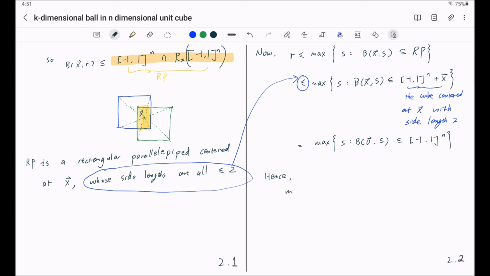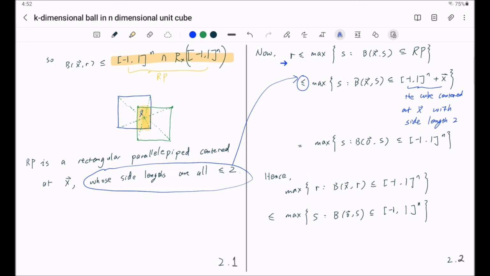Hence, we have the max of r such that B(x,r) is contained in this cube is less than or equal to the max of s such that B(0,s) is contained in this cube.